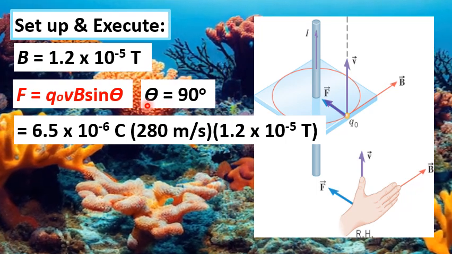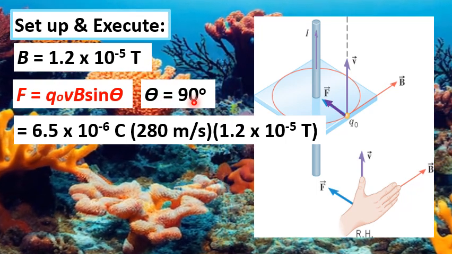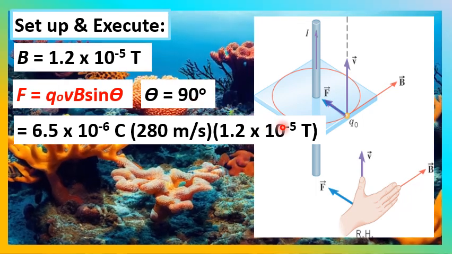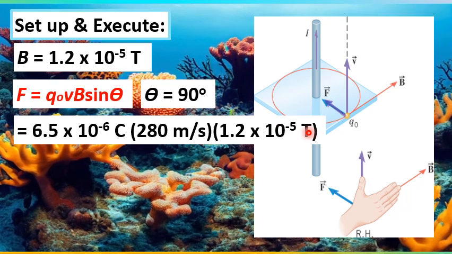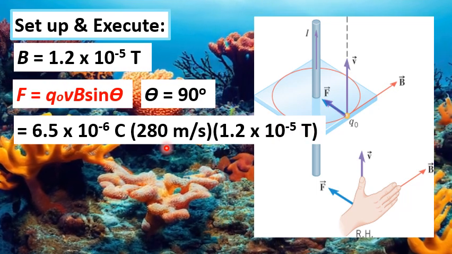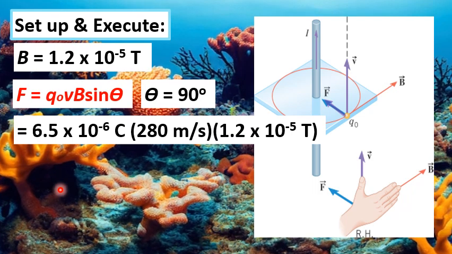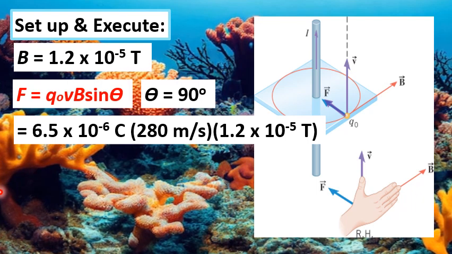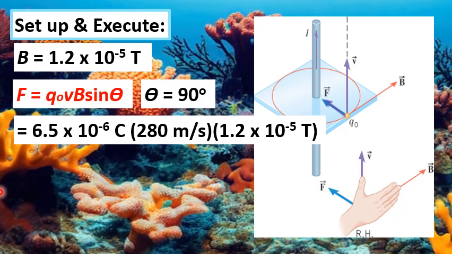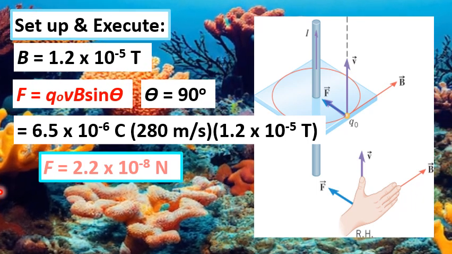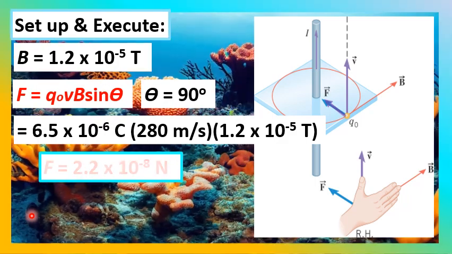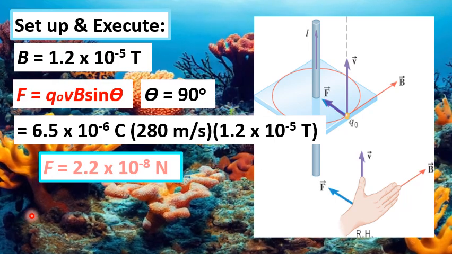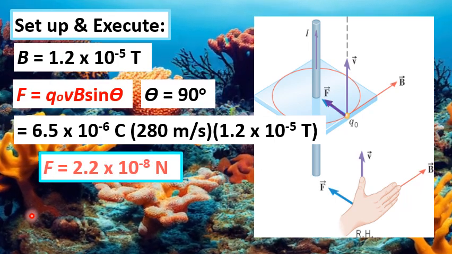We know that the sine of the angle theta, or sine of 90 degrees, is equal to 1. So simplifying this, we finally arrive at the value of the magnetic force F, that is equal to 2.2 times 10 to the negative 8 newtons. So that is just the magnitude.